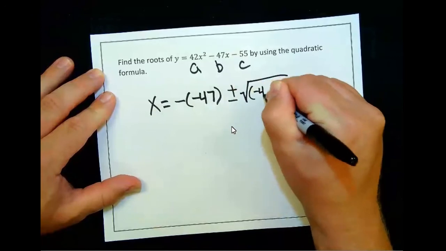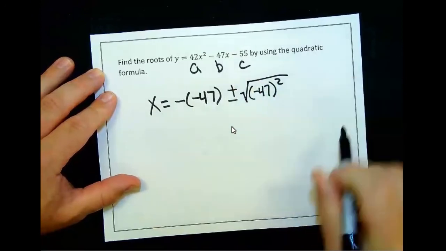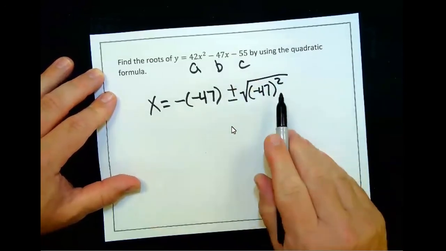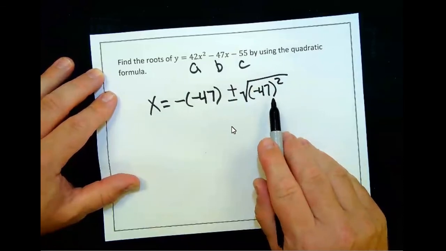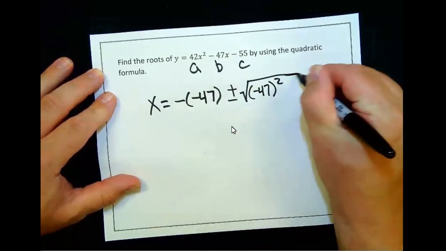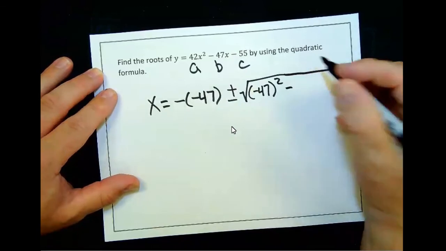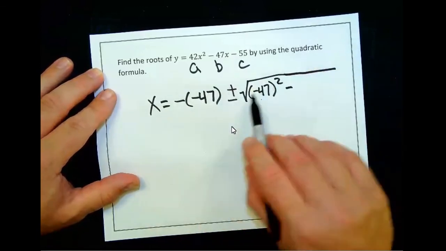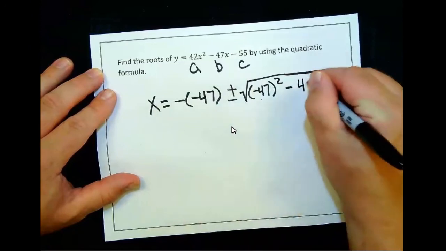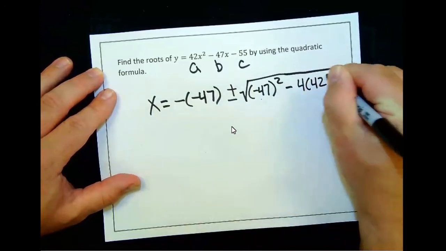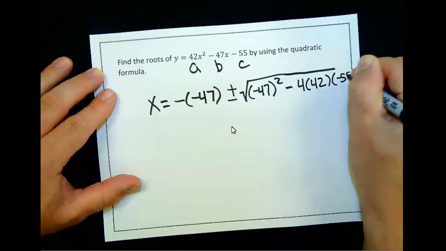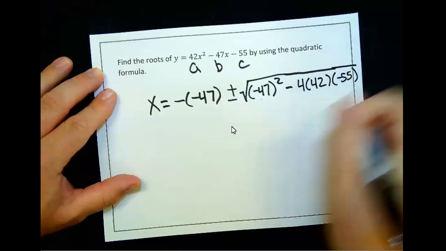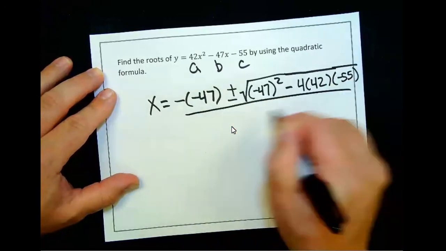And I'm going to put this negative 47 in parentheses. If you don't put it in parentheses, you'll probably mess it up because you won't square the negative. So negative b plus or minus the square root of b squared minus 4ac, all over 2a.